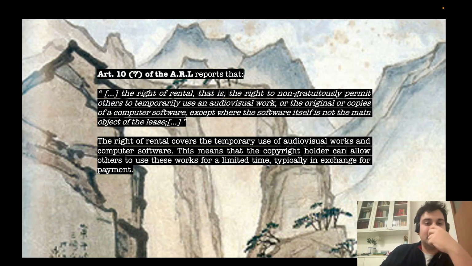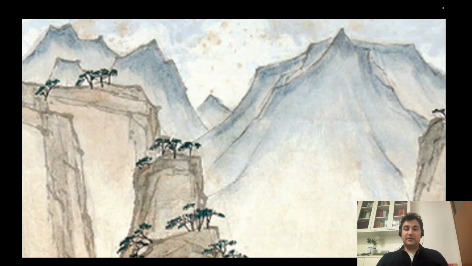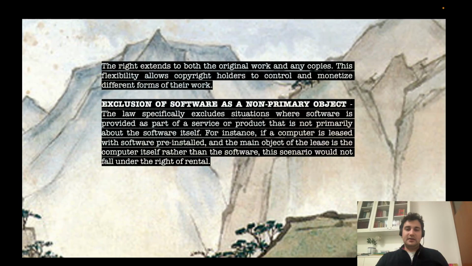Interesting, this one, because it's a direct application of the right of rental in the WIPO treaty, if you remember, under Article 7, and they reflected it in China in Article 10, subsection 7. Very interesting that there is this particular limit to the right of rental.